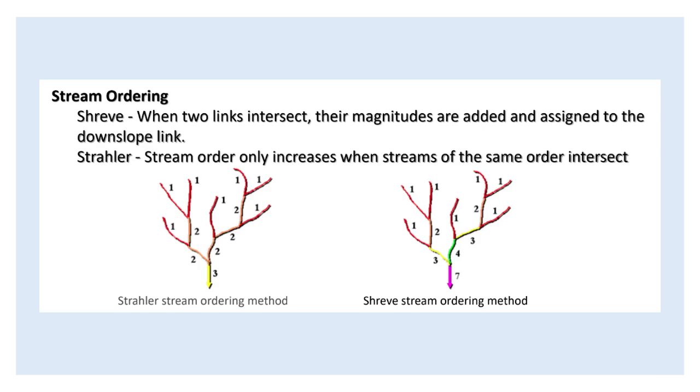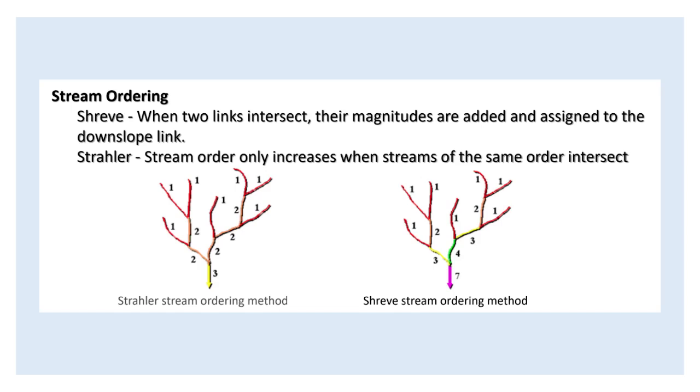So for stream ordering, we have the Shreve method and the Strahler method. Those are the main two methods that have been well established. In the first method, the Shreve method, when two links intersect, their magnitudes are added and assigned to the downslope link, like it is shown here.